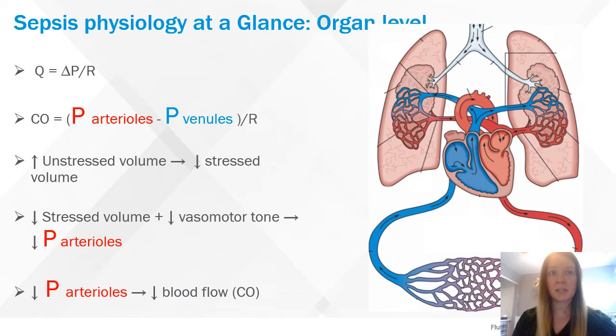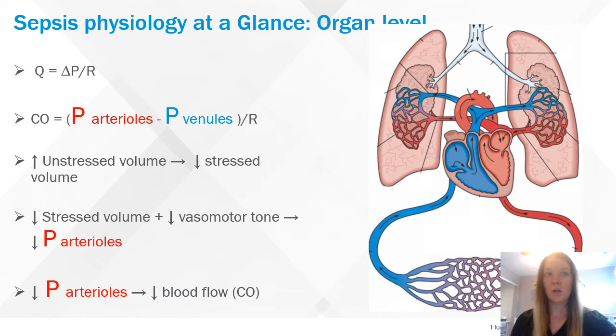Unfortunately, when you have an increase in unstressed volume, you have a decrease in your stressed volume. And when you have low stressed volume along with a decreased vasomotor tone, pressure is decreased on the arterial side. So we don't have that push of blood from the arterial side to the venous side.